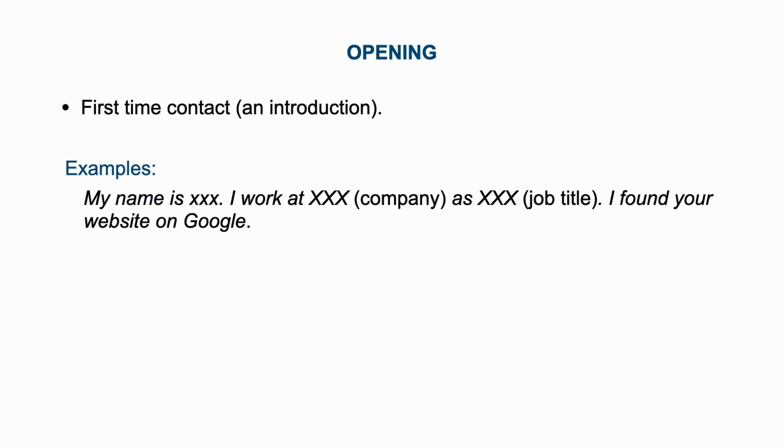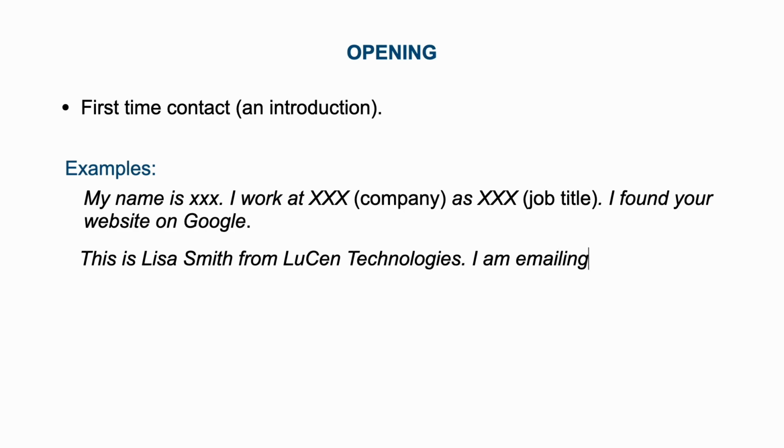My name is Andy. I work at The English Writer as an English instructor. You can also add a quick sentence explaining how you know them, such as, I found your website on Google. So here are a couple of examples. This is Lisa Smith from Lucent Technologies.